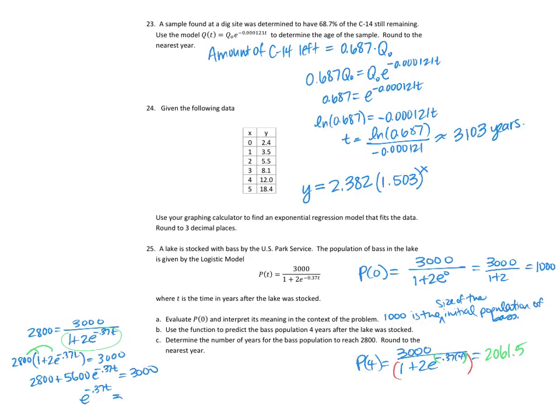So I get 1/28. Okay, and then I can take the natural log of both sides. So I get negative 0.37t is equal to the natural log of 1/28. And then I can divide by negative 0.37.